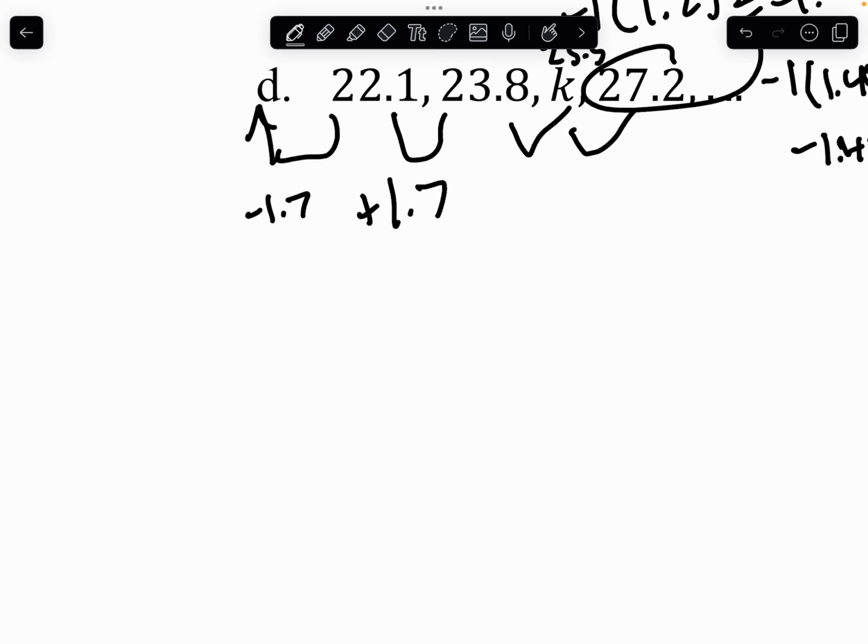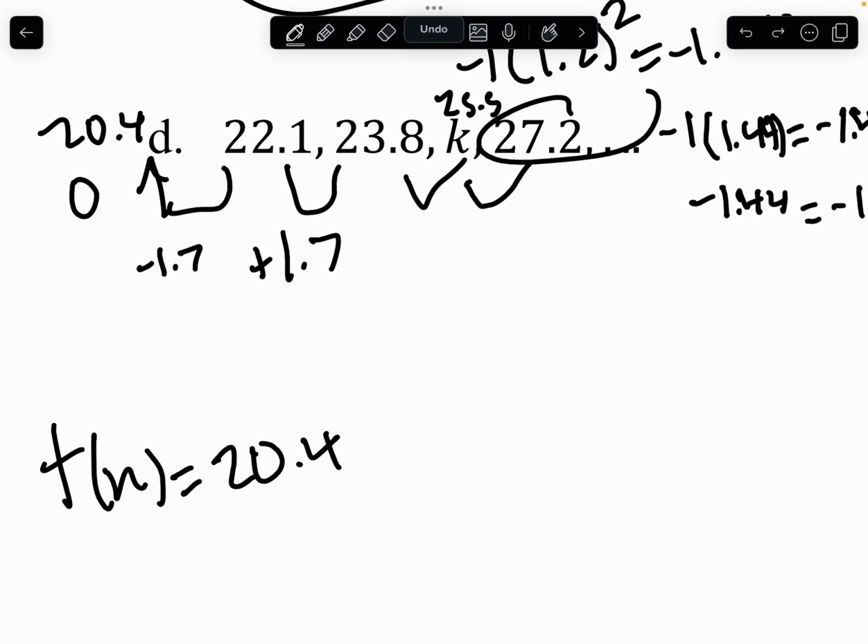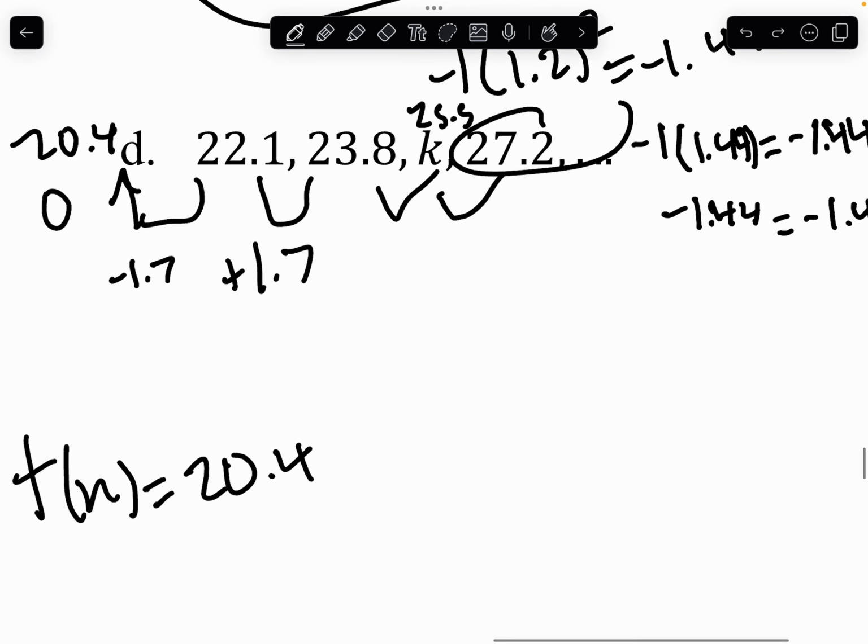So our equation is going to be t of n. So this is our zero term right there. T of n equals 20.4 plus, not times, because it's arithmetic, it's adding. So it's going to be plus 1.7n.